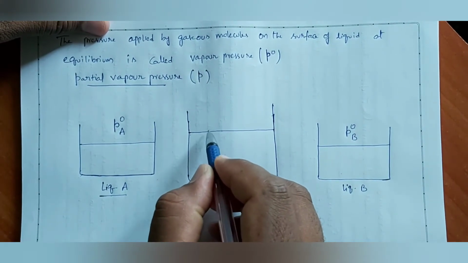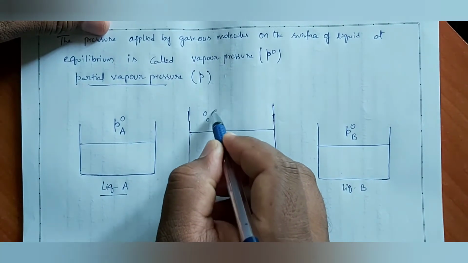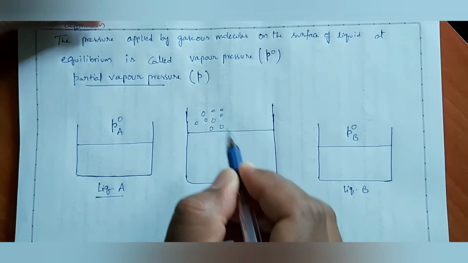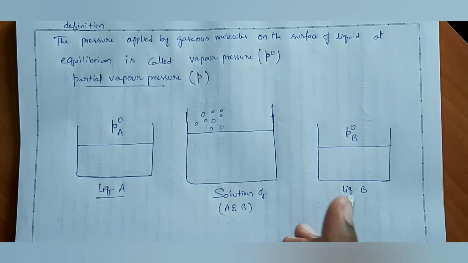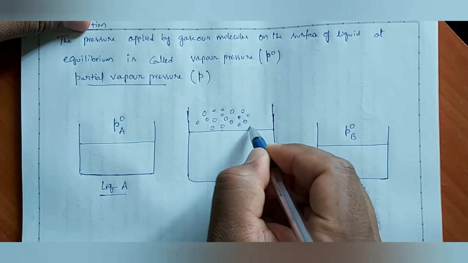After some time, some molecules of A will be in the vapor state, and some molecules of B also will be in the vapor state.